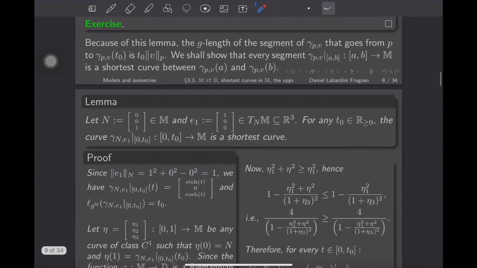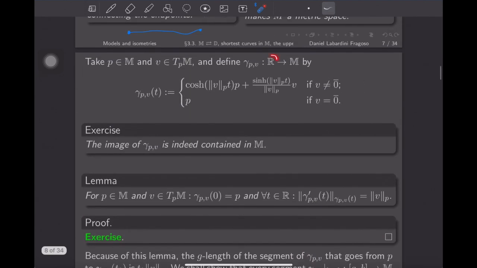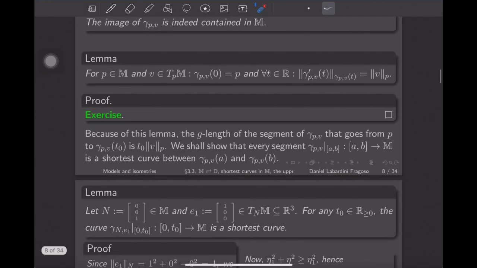But that's going to be what happens. This is defined for all real numbers, so it's really an infinite curve. But whenever you take a finite segment, it's going to be a shortest curve between the extremes of the segment.